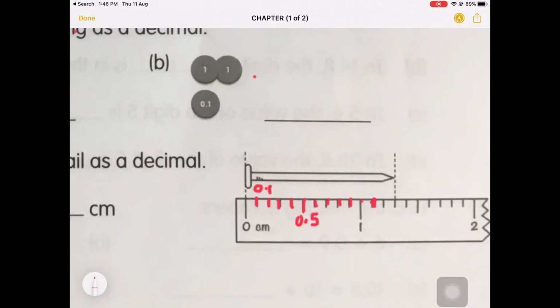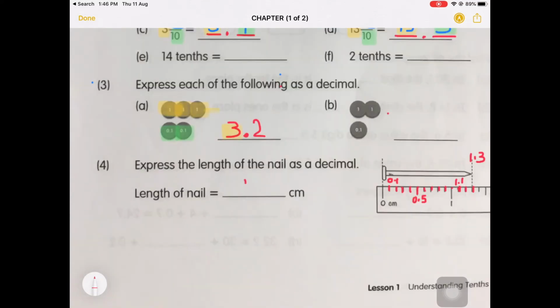After that, it would be 1.1, followed by 1.2 and 1.3. So the length of the nail is 1.3 cm. The answer is 1.3.